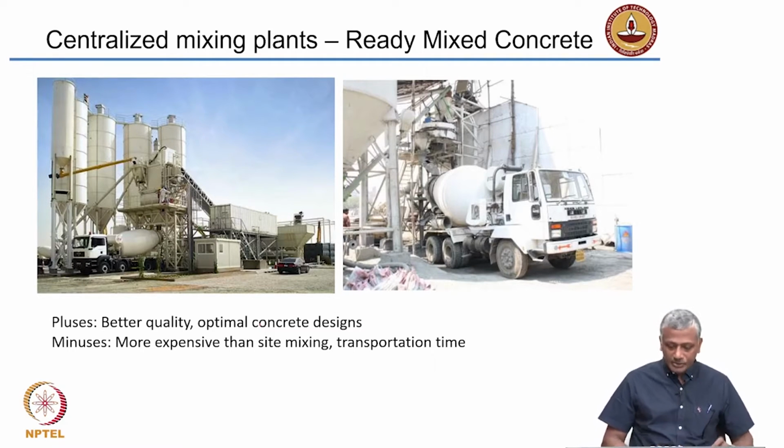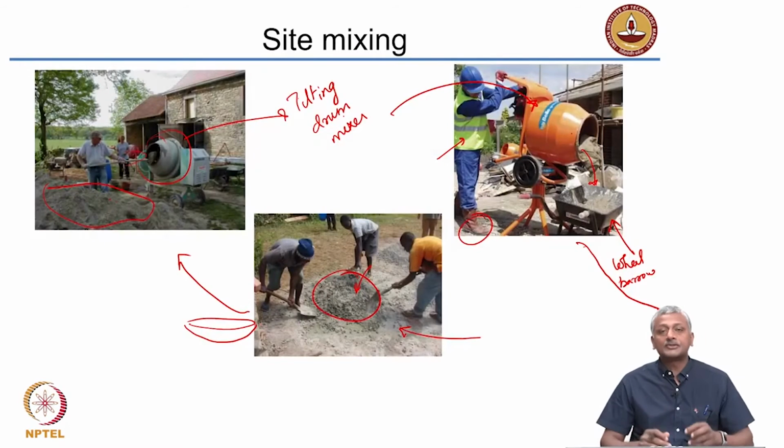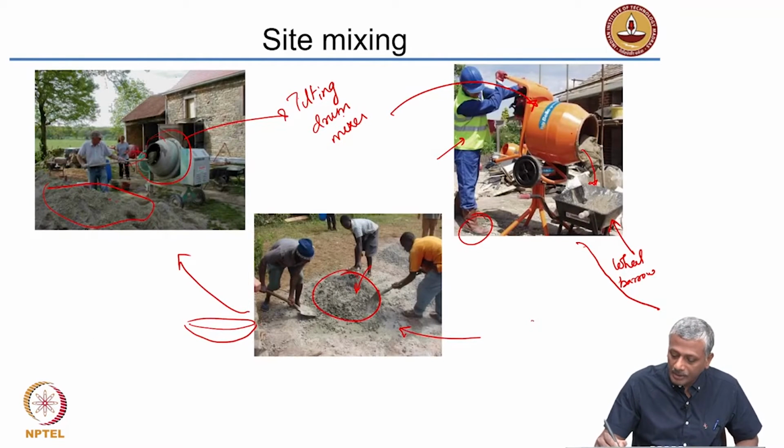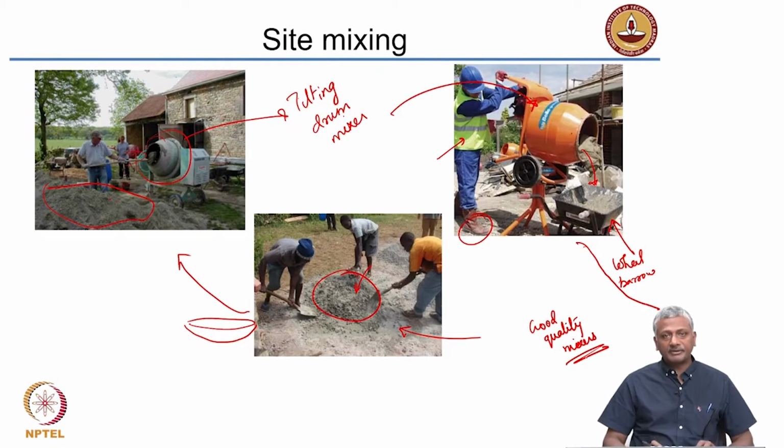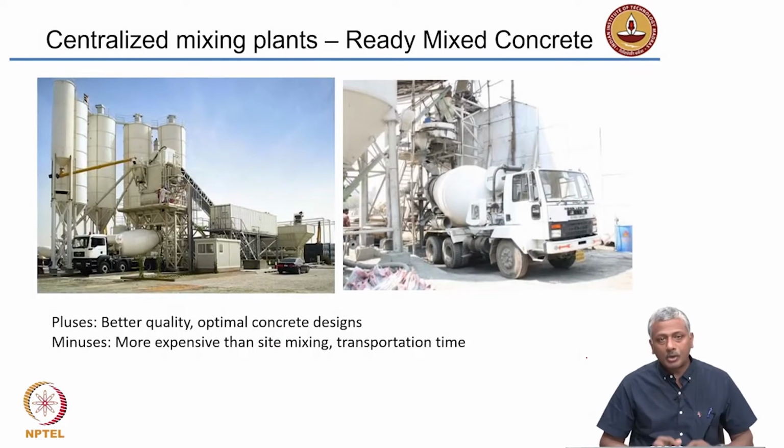I am not saying you can't do this on site also. Sometimes in such sites also you can provide good quality mixers which can take care of weigh batching as well as very good mixing of the concrete before it is delivered to the site. But in most cases, for good quality, we rely on these centralized batching plants.